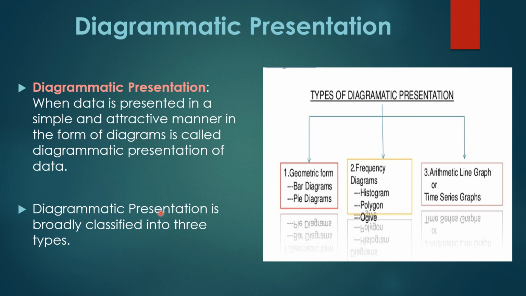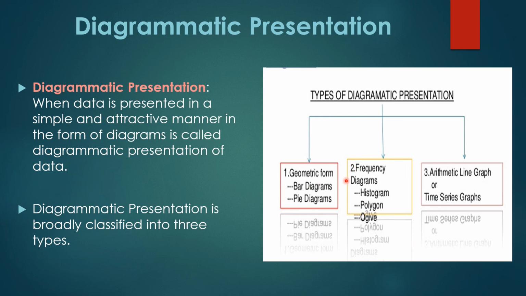Diagrammatic presentation is broadly classified into three types. So there are three ways to present the data diagrammatically. You can see a flow chart which shows the types of diagrammatic presentation. The first is geometric form, divided into bar diagrams and pie diagrams.